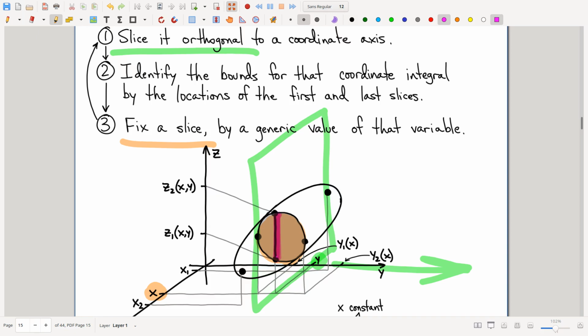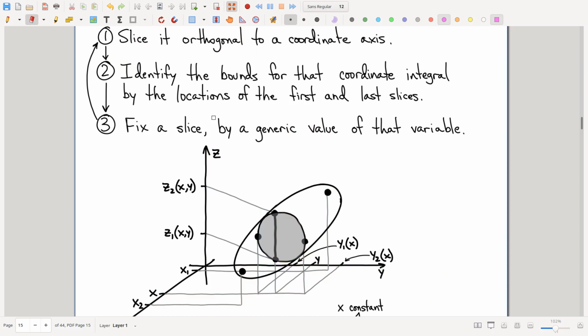And again, we have to play first and last games. Now, my picture is getting increasingly muddy, so let me clean up the picture here. Looking at our shaded gray x slice, the very first value of y is the value of y that corresponds to the first of these y slices, which will be some point over here on the left side of my x slice.